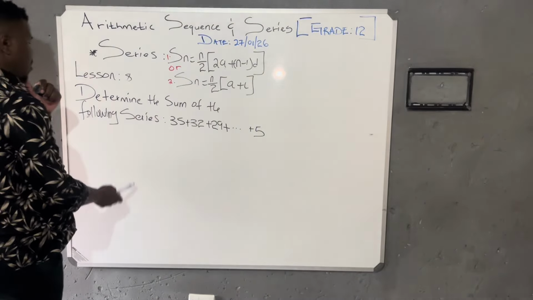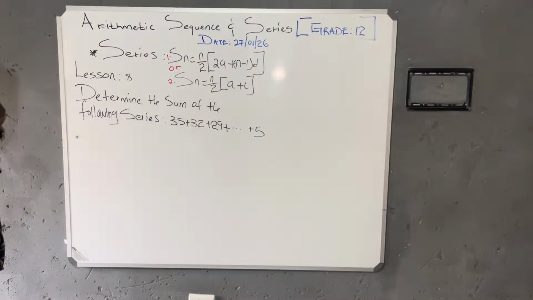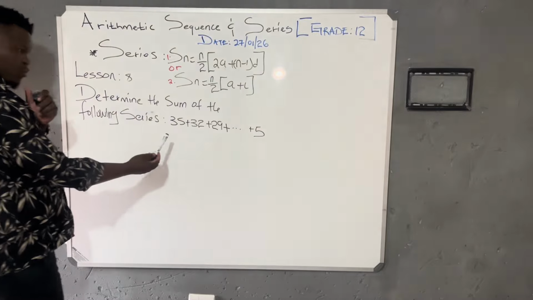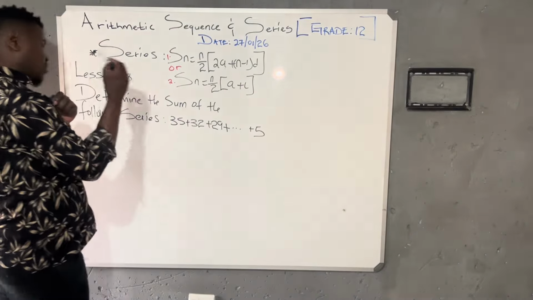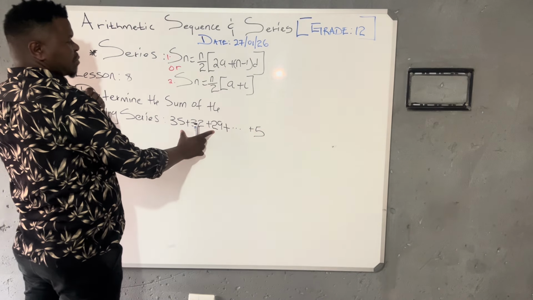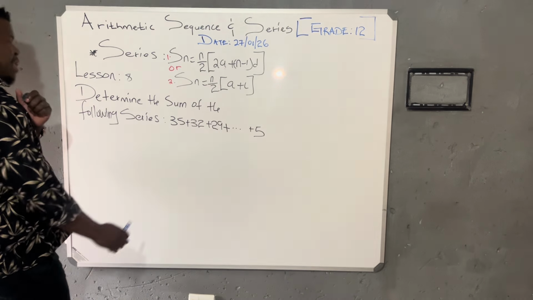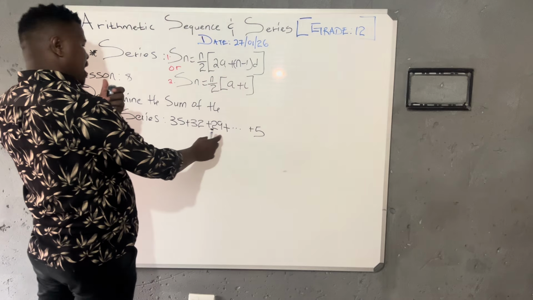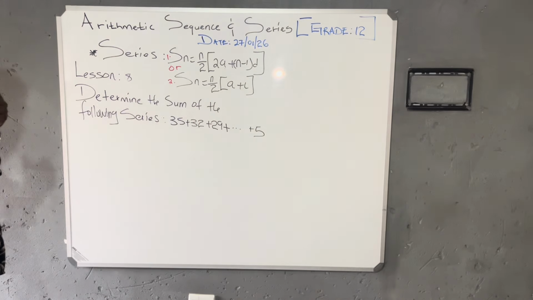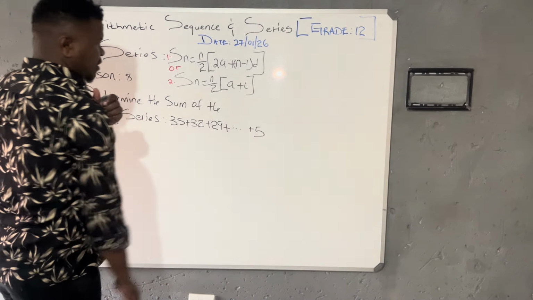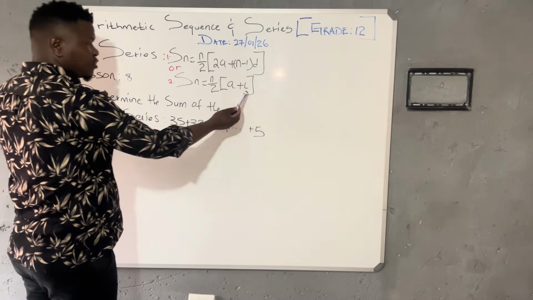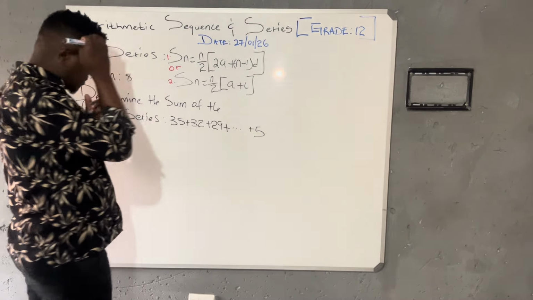Now, determine the sum of the following series, just like the previous lesson. The difference between this series and the previous one is that previously we just had the first 3 terms and that's it. Now we've got the first 3 terms and including the last term towards the end, which is this 5. We know what it means. It means we can use formula number 2 because L means the last term.